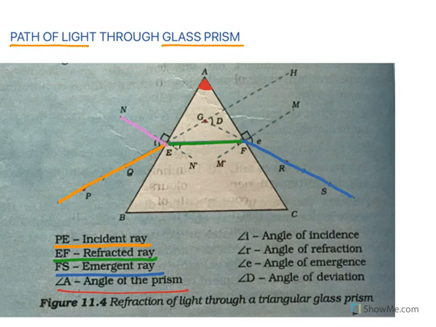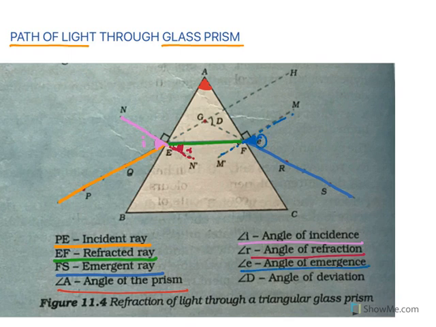Next, the angle between the normal and the incident ray. This angle i is the angle of incidence. You also have to mark the angle of refraction, and here is the angle of refraction, between the normal and the refracted ray. Then the angle of emergence, here between the emergent ray and the normal.